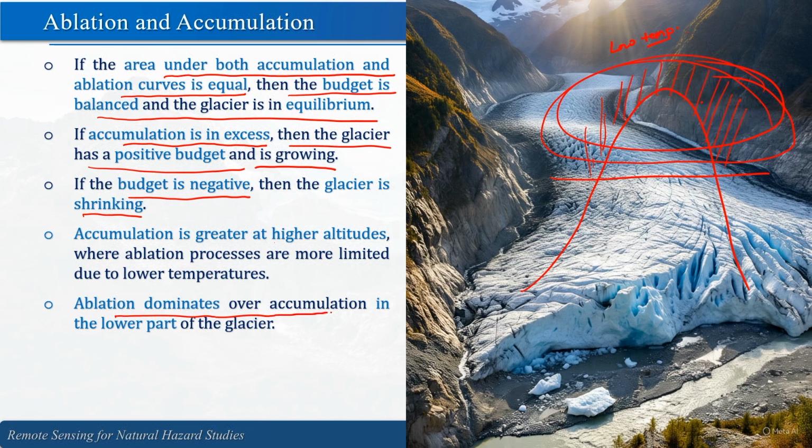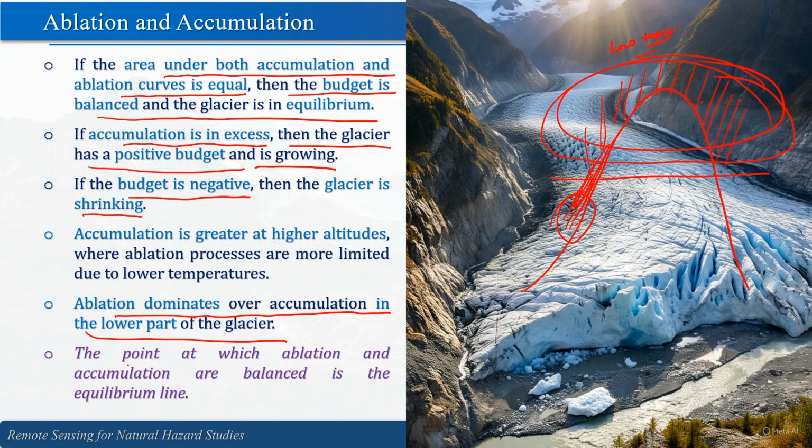Ablation dominates over accumulation in the lower part of the glacier. When it comes to low lying areas or relatively lower altitude, there the ablation will dominate over the accumulation. The point at which ablation and accumulation are balanced is the equilibrium line. So, there will be a line where both are equal to each other, that will be your equilibrium line.